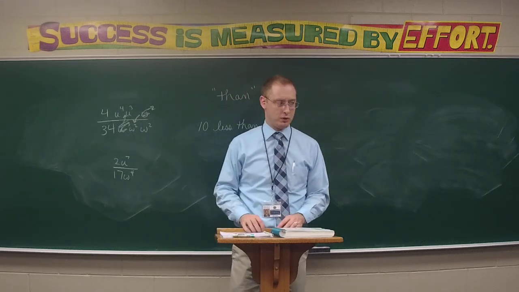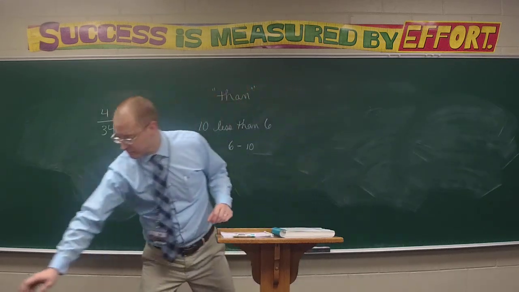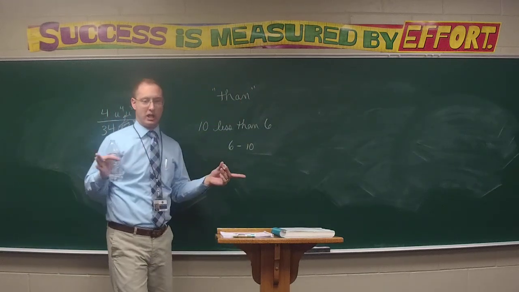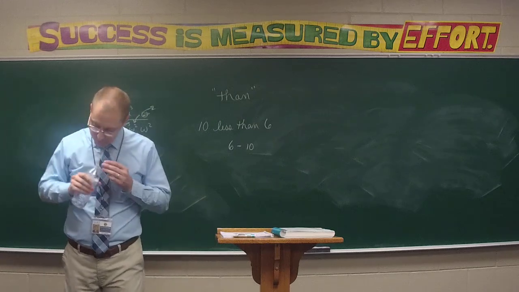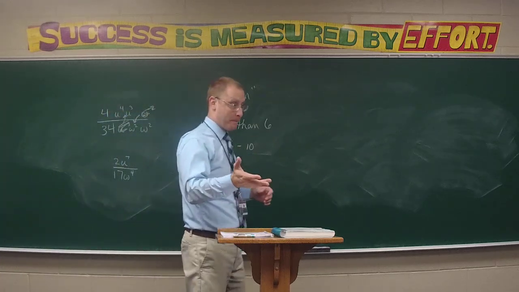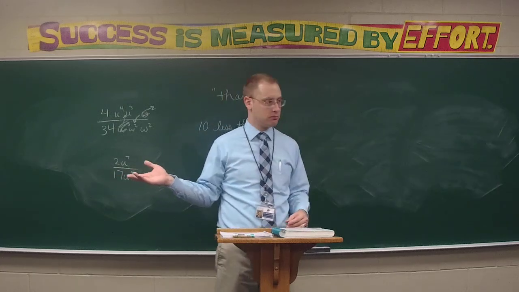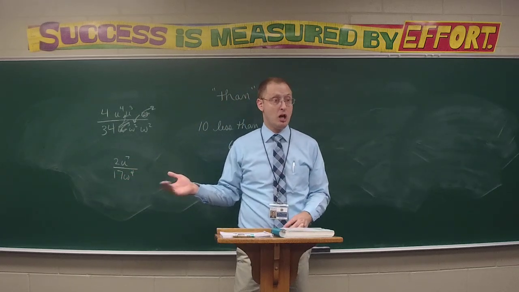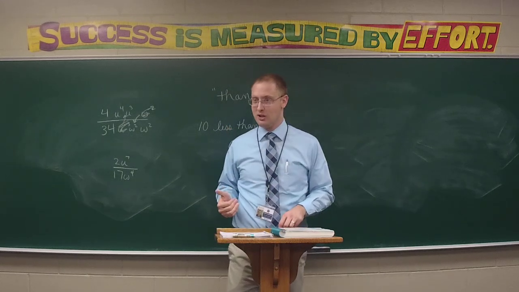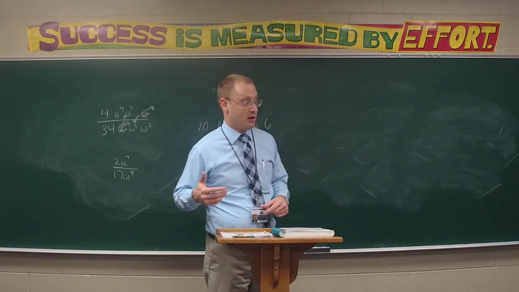Number 3, read that for us if you would, Brandon. Q is at least 16. At least 16. So for instance, maybe we're talking about one of you. And I say, I may not know how old Genesis is, but I know she's at least 16. Does that mean she's 16? Maybe. But she could also be 17. She could be 18.